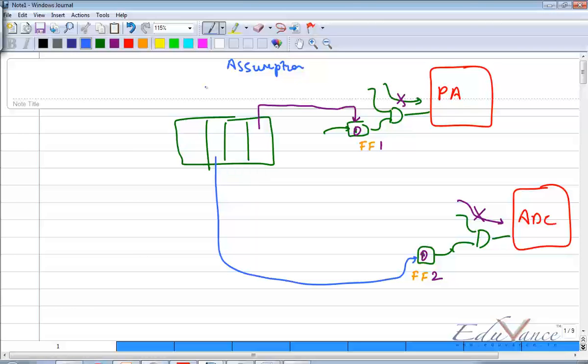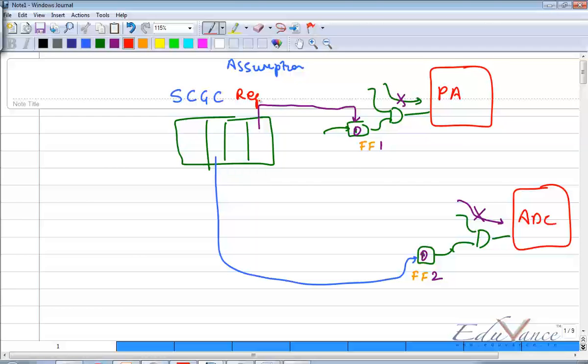So let us call this register a system clock gating control. S stands for system, CG stands for clock gating, which is what we are doing here, and obviously this is to control the clock gating. So let's call this a system clock gating control register.